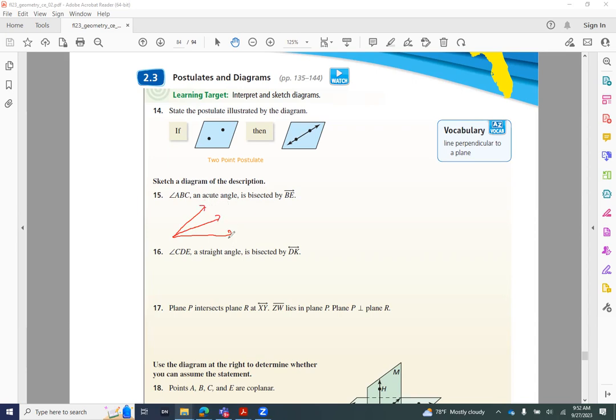So I have on here points A, B, and C as being bisected by ray BE. Let me use some lines here because that didn't look so good. Let's say I made it a little bit bigger.